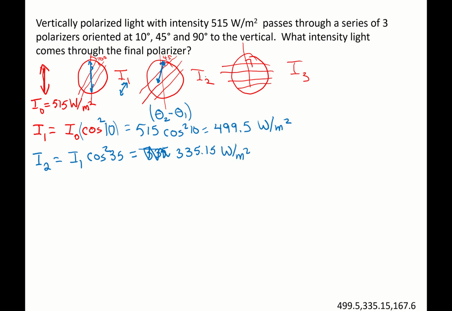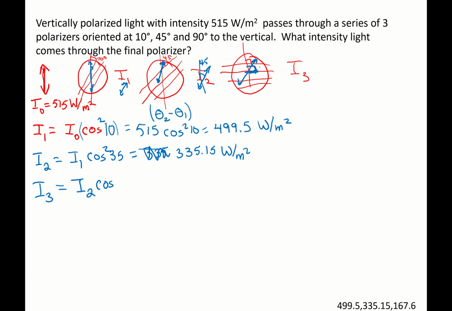Okay, so now I've got light in between those two that's at 45 degrees to the vertical. And now I'm going to shine it on the final polarizer. So the intensity that gets through is going to be the intensity incident, I2, times the cosine now of the angle between the incident light, which is at 45 degrees, and the polarizer axis, which is 90 degrees.